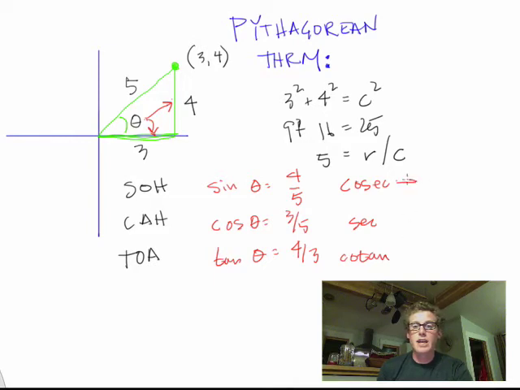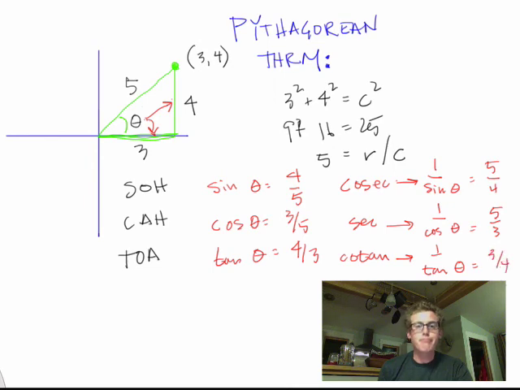So the cosecant is 1 over sine theta, which equals 5 over 4. Secant is 1 over cosine theta, which equals 5 over 3. And cotangent is 1 over tangent theta, which is 3 over 4. This is the beginning of figuring out the unit circle.